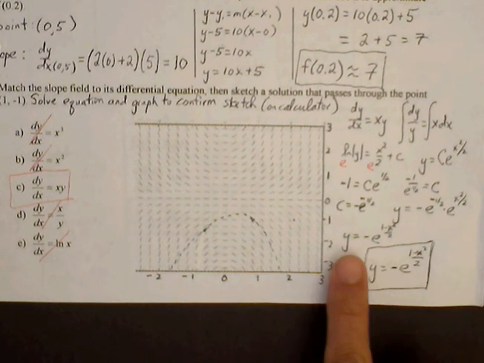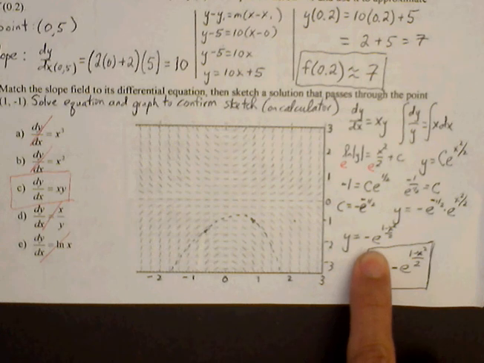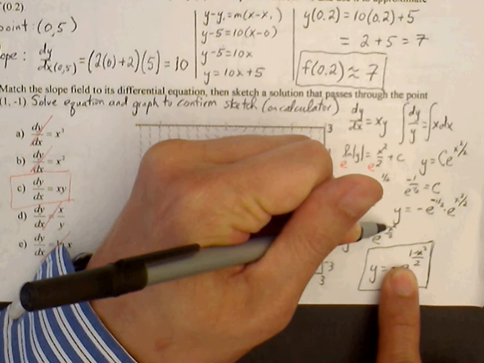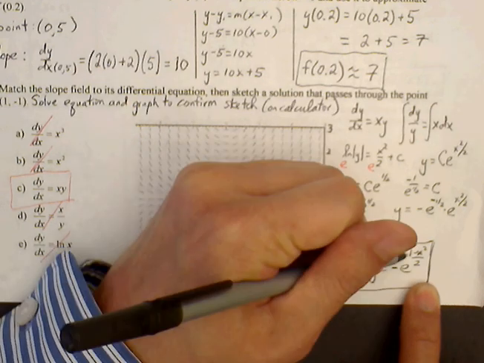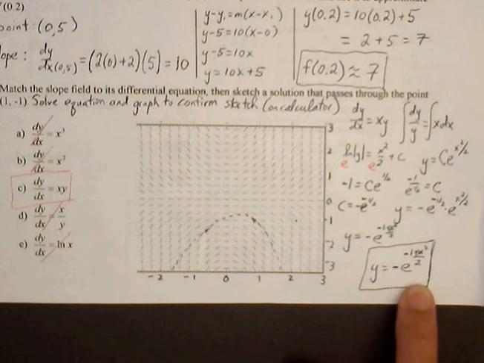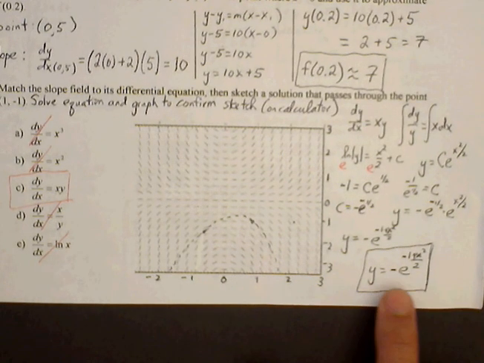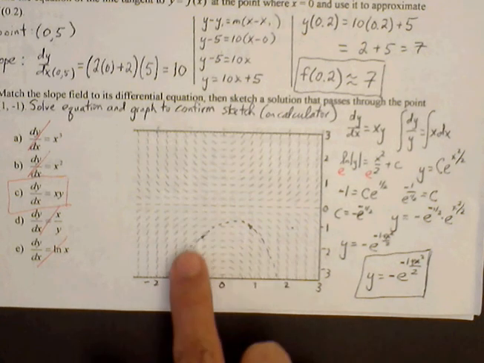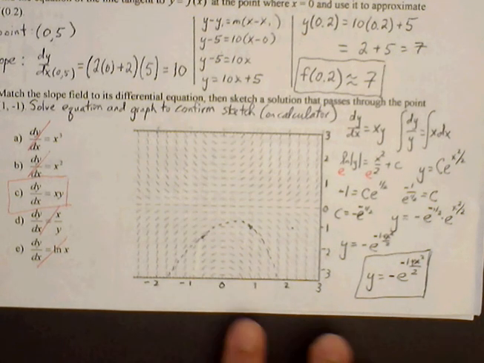So finally, y is equal to -e raised to the -1 plus x squared over 2. If we plug this into our calculator, we should get an equation that matches what we just graphed on our slope field.